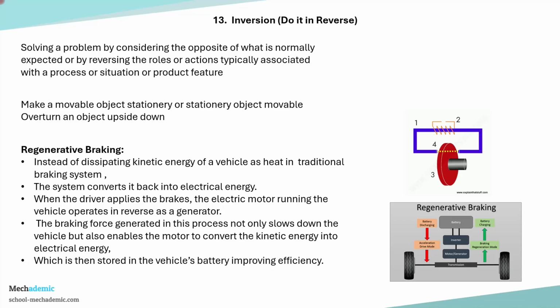That electrical energy is stored in the vehicle's battery, and then again it is used for powering the motor, converting from electrical energy back to mechanical energy. So this is the inversion taking place in the regenerative braking system: the motor acting as a generator, which is the inversion of the general function of the motor.